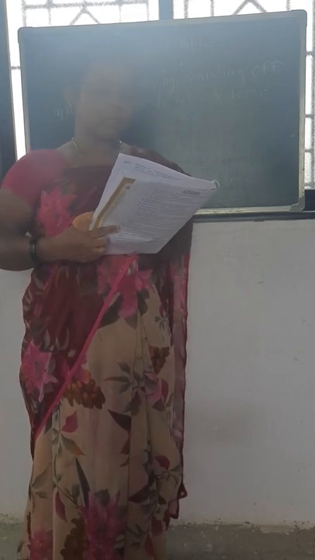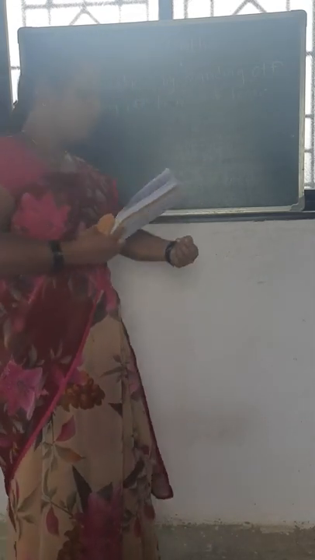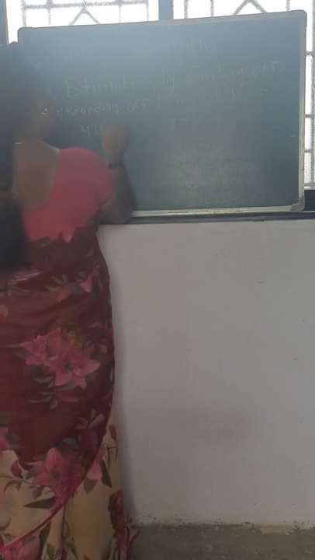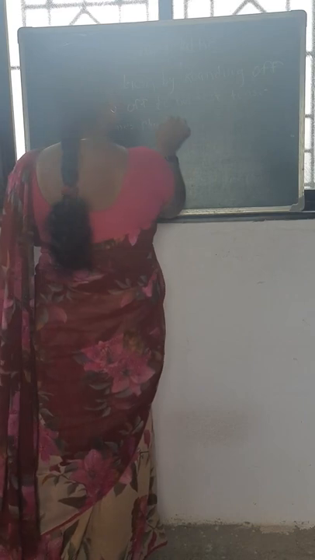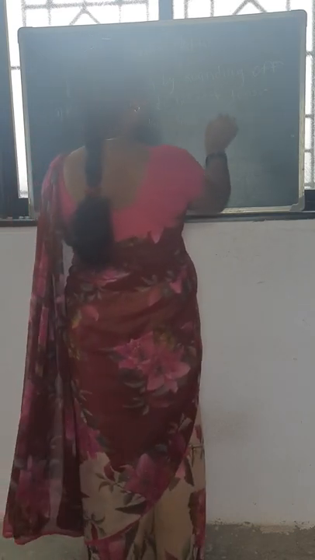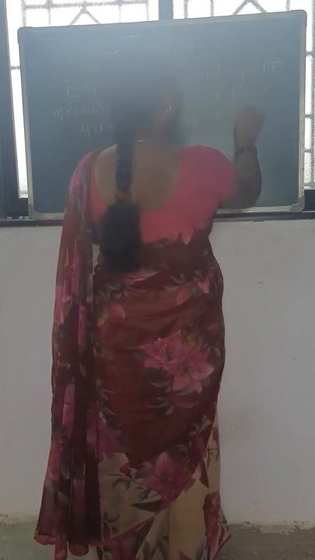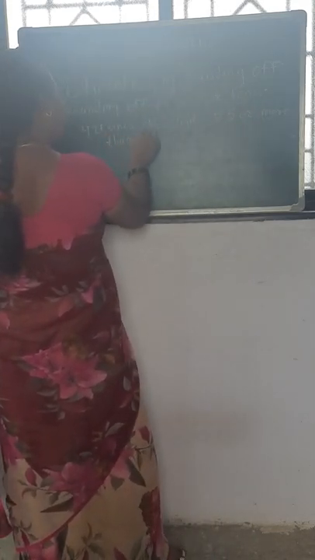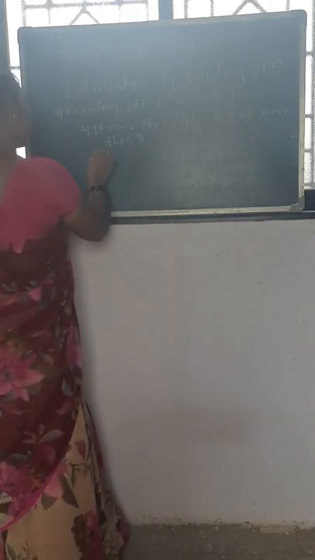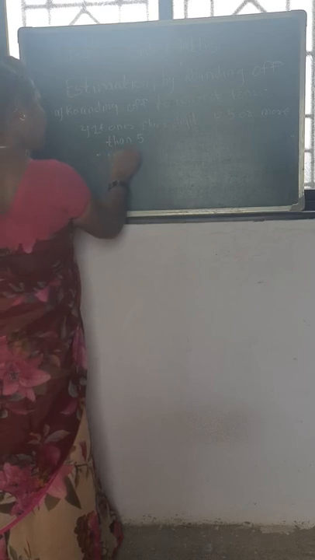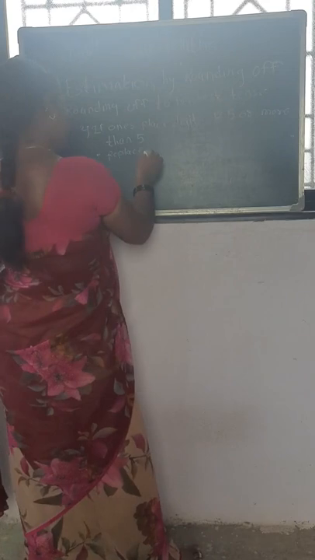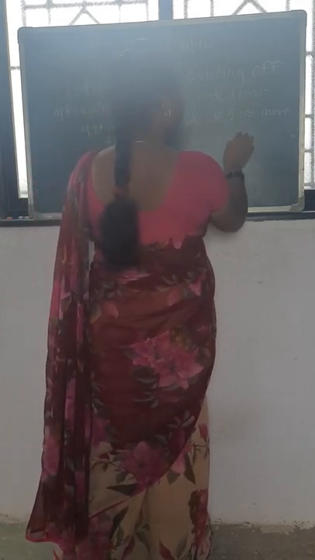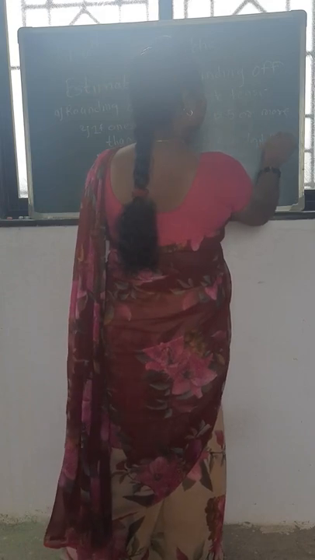Rule second is, if the one's place digit is 5 or more than 5, then first replace the ones and tens place digits by 0.